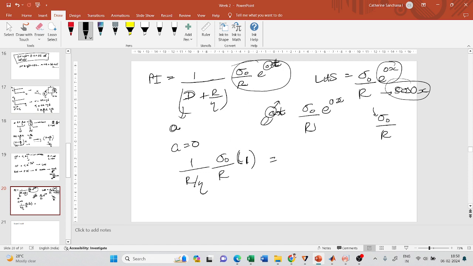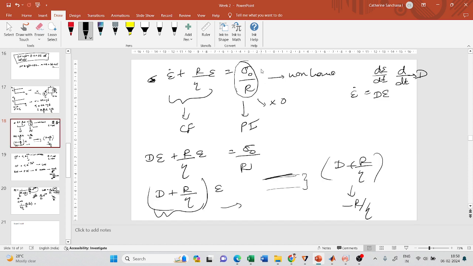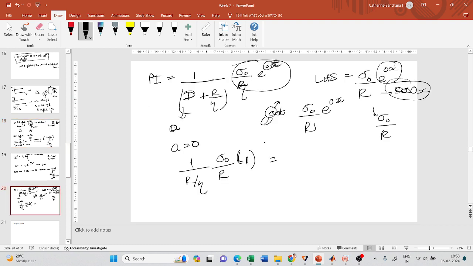And this is sigma naught by eta. Okay. This is eta. So this is sigma naught by eta, and this eta and eta will get cancelled. So my particular integral is sigma naught divided by r. Okay, so this is my particular integral.